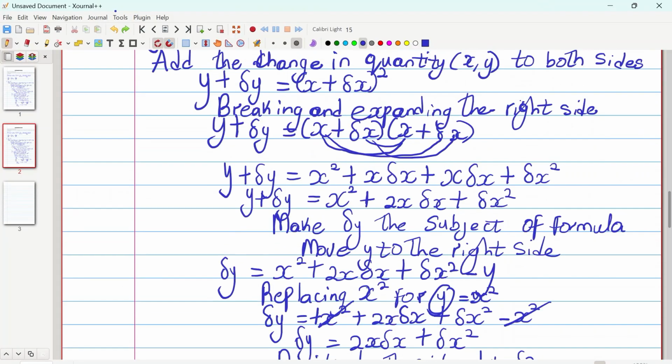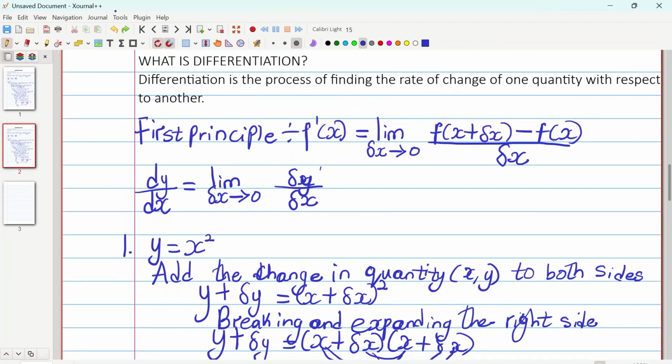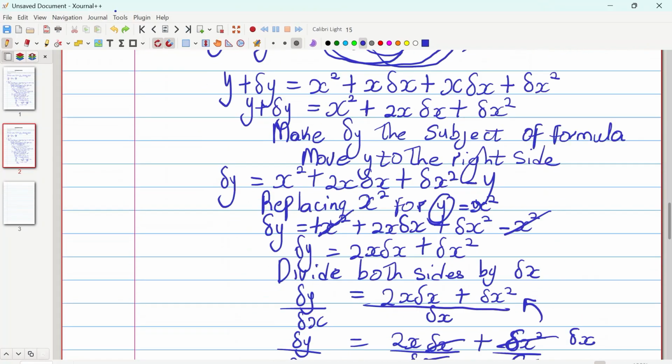Don't forget that we have a formula which says dy/dx is equal to the limit as delta x tends to 0 of change in y all over change in x.